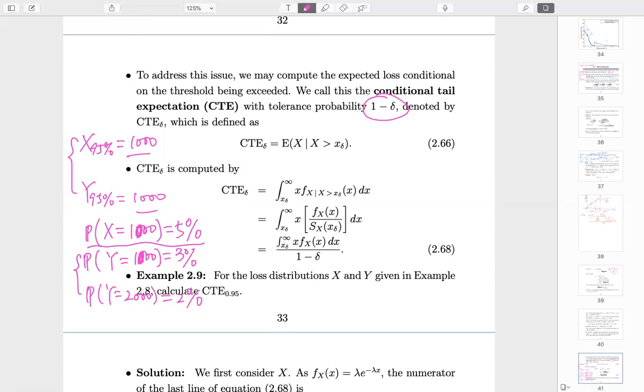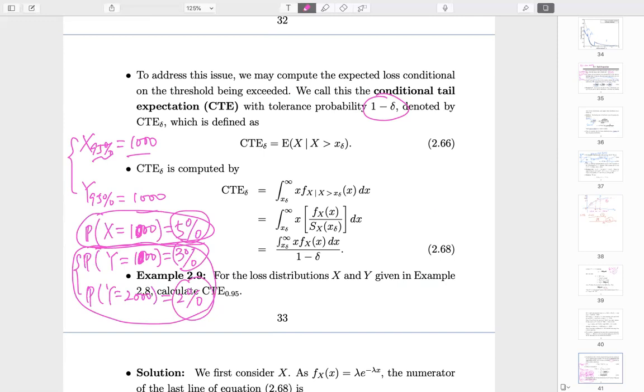You have 3% at 1,000, 2% at 2,000. If you only look at the 95% quantile, they are the same, because the cutting point is 1,000 for both. Beyond 1,000, you have 5% for X and 5% for Y. So they have the same quantile.